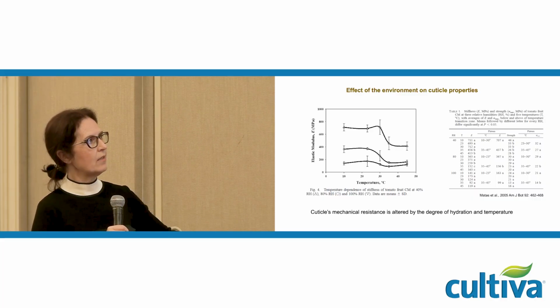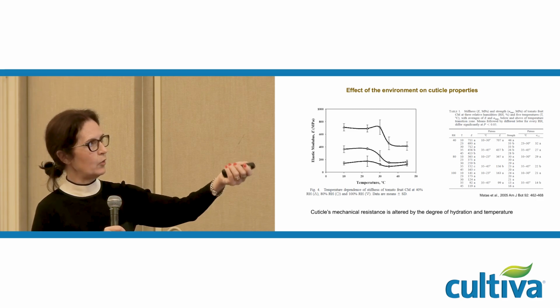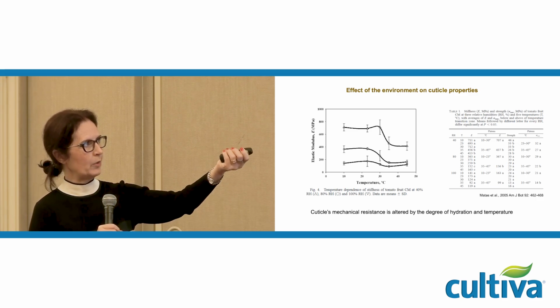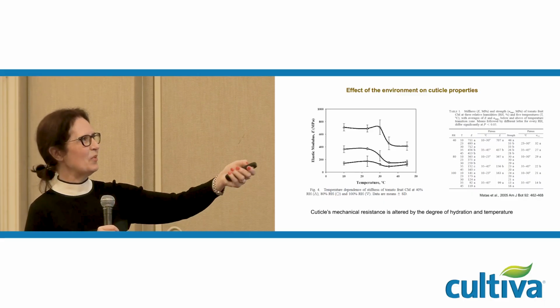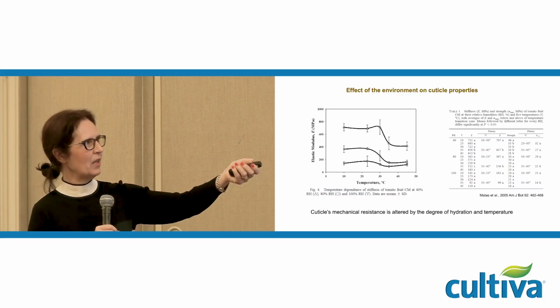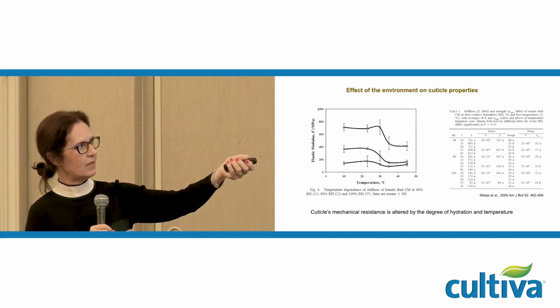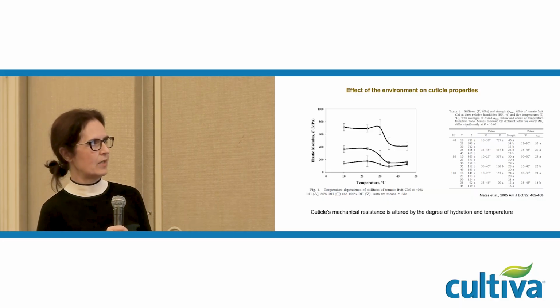As we increase the relative humidity, it doesn't matter at which temperature, the mechanical resistance of the cuticle will drop. So at 80% of relative humidity, we still see how once we reach 30 degrees Celsius, the mechanical resistance of the cuticle decreases.